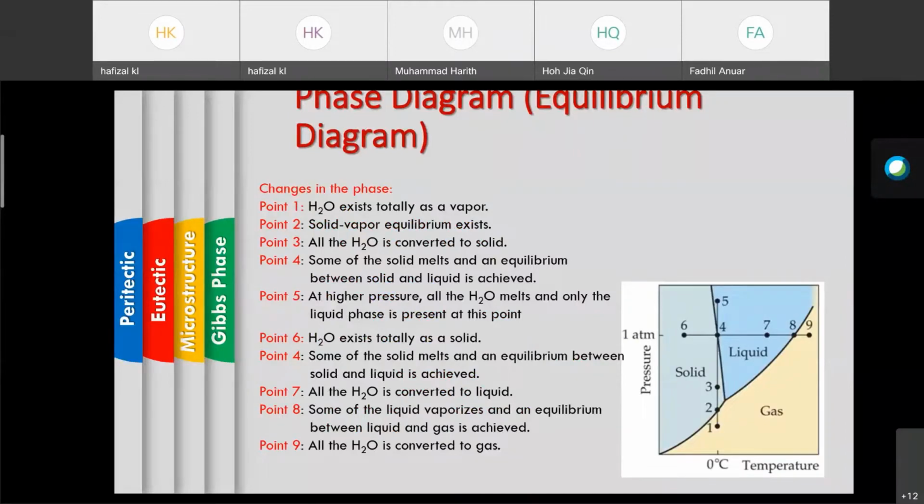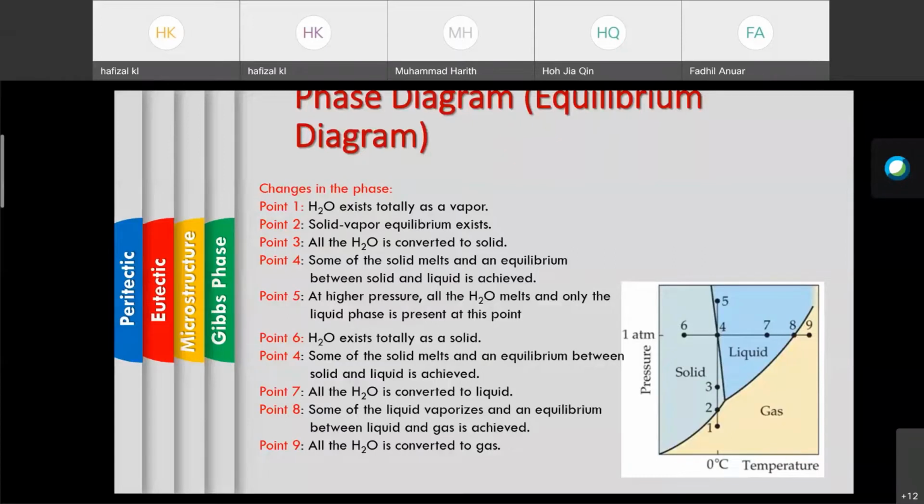water or H2O, whereby we see the existence of solid, which is ice, the existence of liquid, which is water, and the existence of gas. During the process, we will see what will happen when we increase the pressure at a certain temperature.